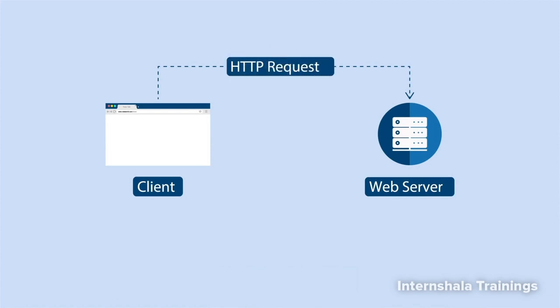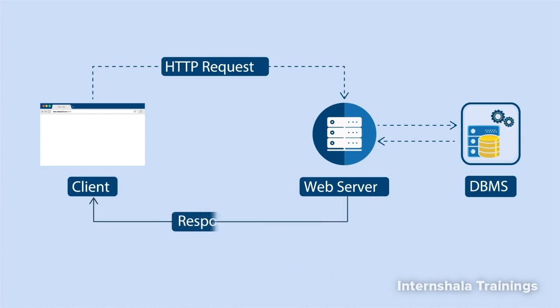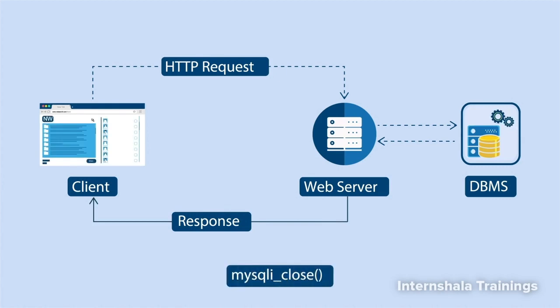Once the connection is established, we use the MySQLi query function to run SQL queries on the connected database. And if due to any reason we are unable to execute the SQL queries, we have the MySQLi error function to identify the error message. Lastly, once the entire PHP code is executed, we close the connection using the MySQLi close function.